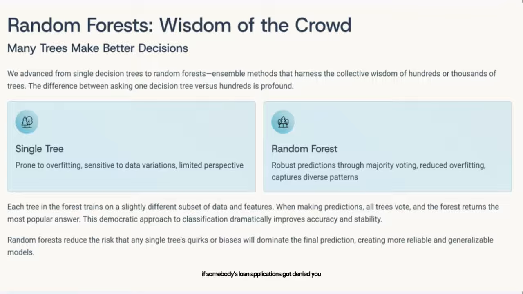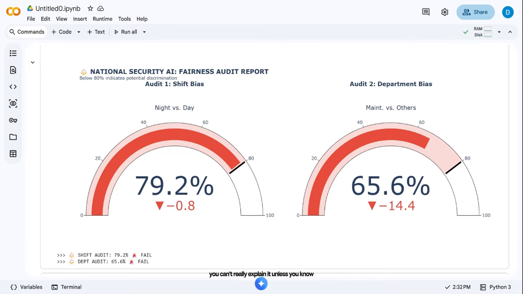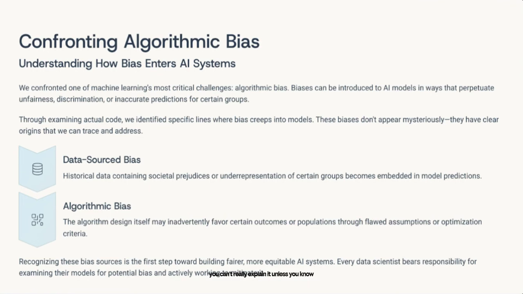If somebody's loan application got denied, you can't really explain it unless you know what questions specifically were asked in what sequence, right? So decision tree turns a black box into a more explainable rationale. And it makes the whole questioning process way more transparent.